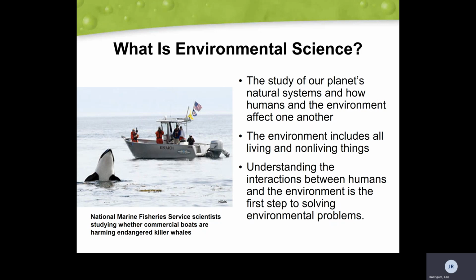Last thing here is understanding the interactions in that environment is the first step in solving some of those environmental issues. I'm sure you have heard of things like stop using the straws, save the turtles. Those are all environmental strides to improve our planet's environment.